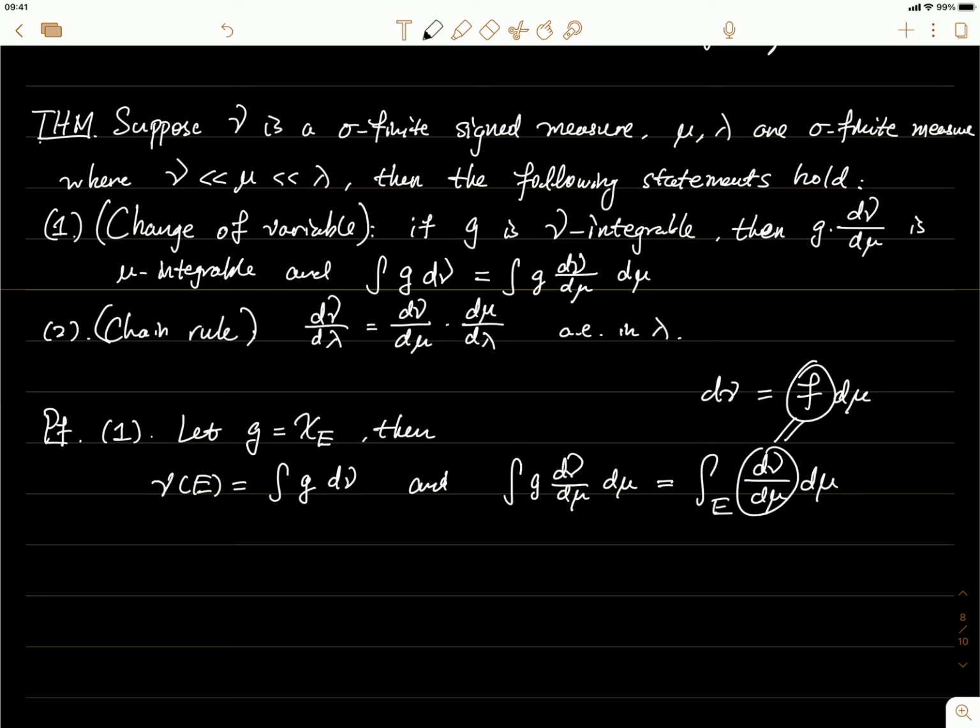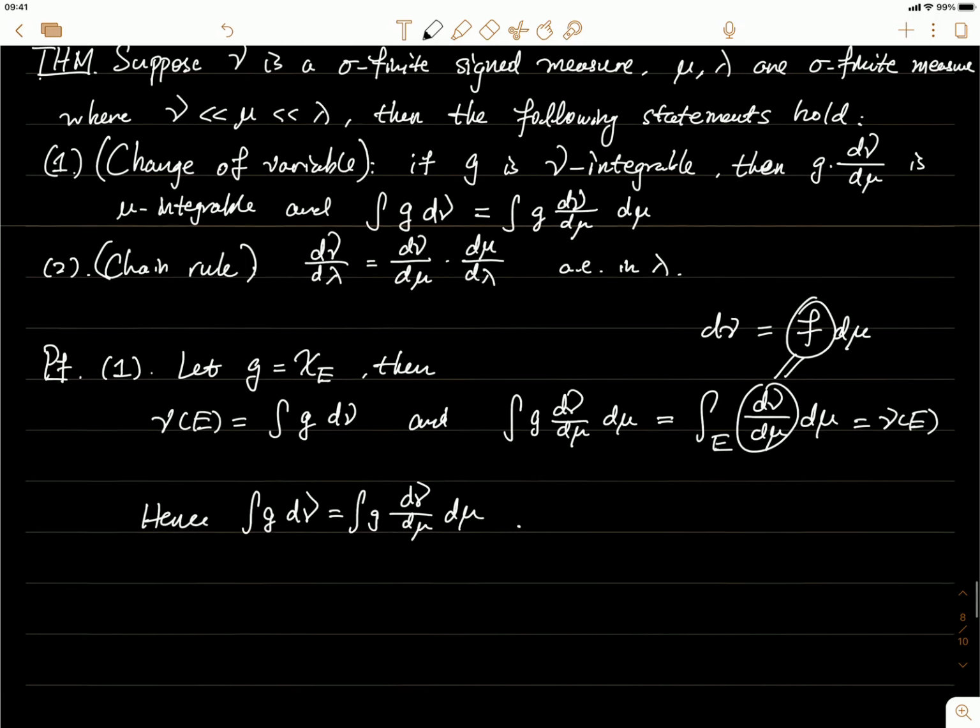And that also means that this is just equal to that, and both of these two are equal to the measure of E, the mu of E. So that means these two are equal. Hence this integral of G d nu equals the integral of G d nu d mu.